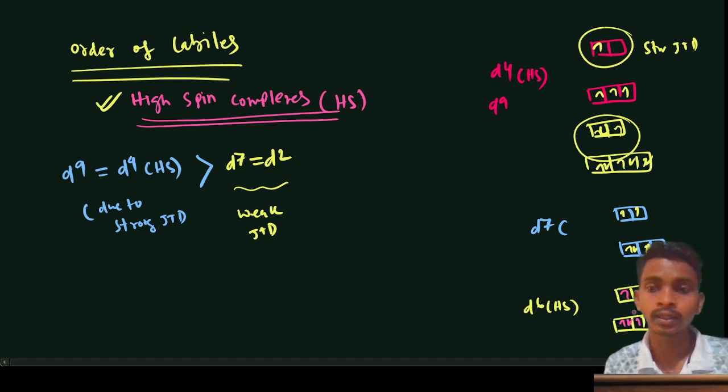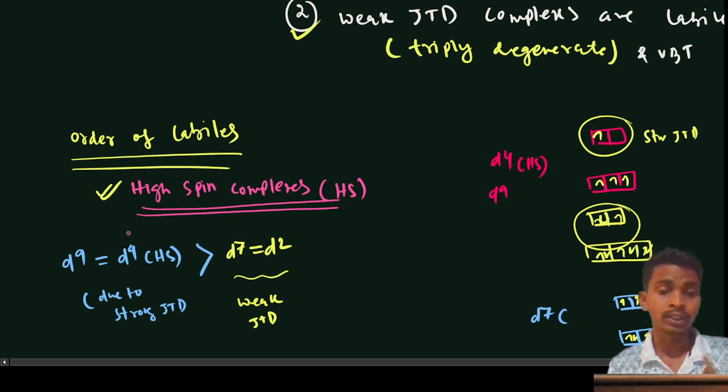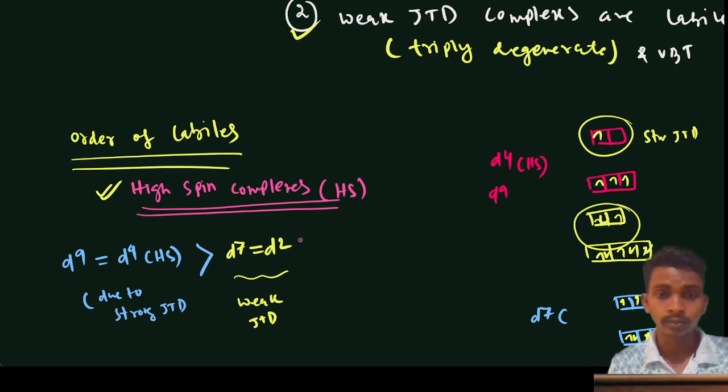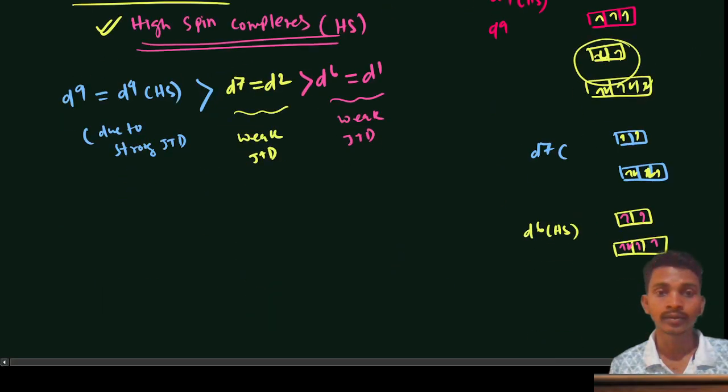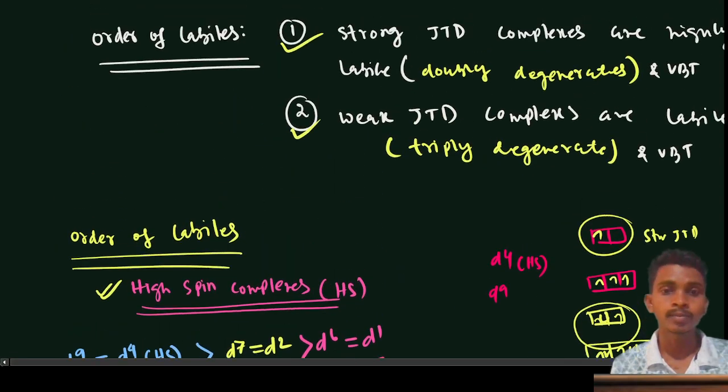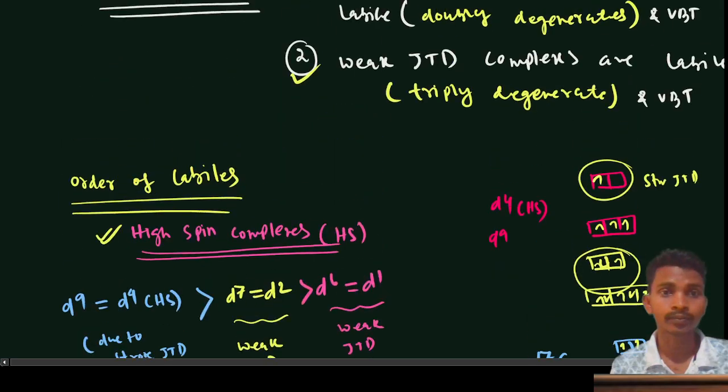So here also JTD is there. So D7 and D2 are also weak JTD, and these are high. After that will come D6 and D1. This is also due to weak JTD. Both have weak JTD, but experimentally it is found that D7 and D2 are higher, after that D6 and D1.